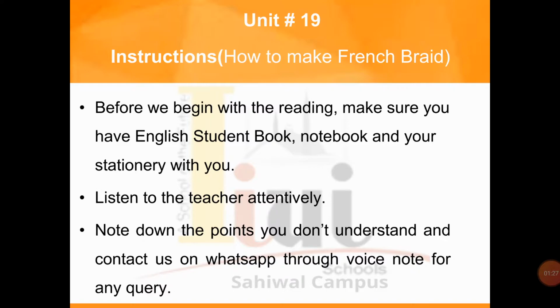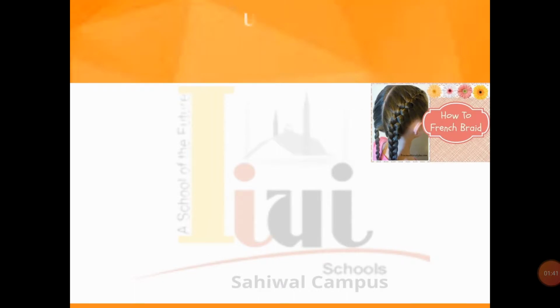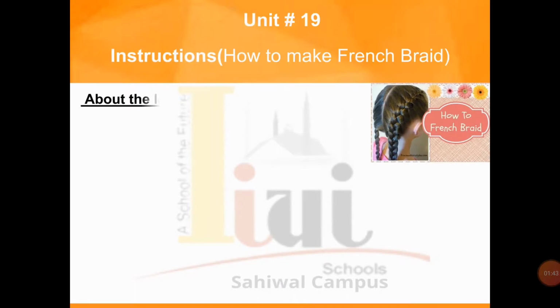When you need to write down anything in your notebook, you will write it down with the blue ink pen and blue marker, and when you need to write down anything in your book or workbook, you write it down with the lead pencil. I hope you will follow all the instructions given here. Please open page 130 from your students book where this unit begins.